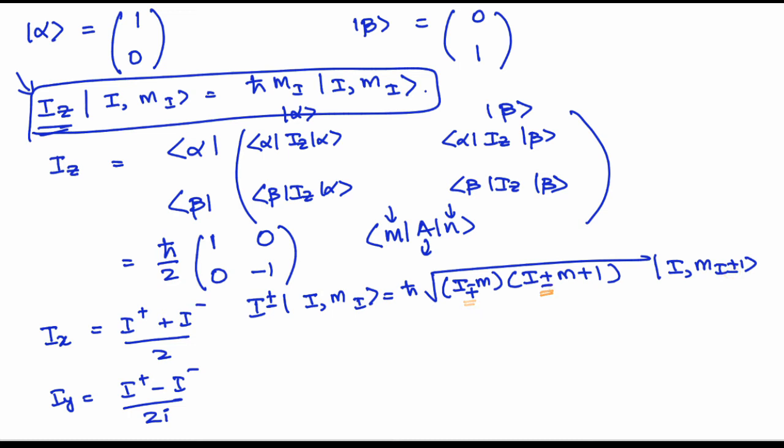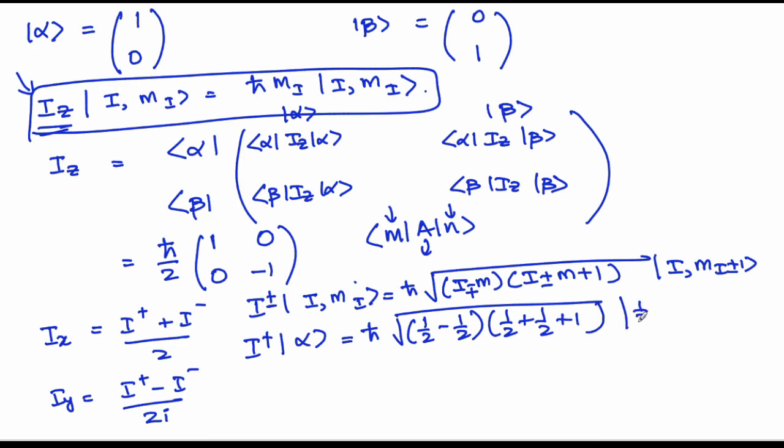And the coefficients end up changing this way. So let us try to operate I plus on the alpha state, which is |1/2, 1/2>. This will be equal to h cross square root of. Remember, for a spin half state, the spin 3 by 2 state does not exist, so therefore this will result in 0. Even if you forget that aspect, you are able to see here that this already goes to 0, so therefore the entire answer is 0, which makes sense.